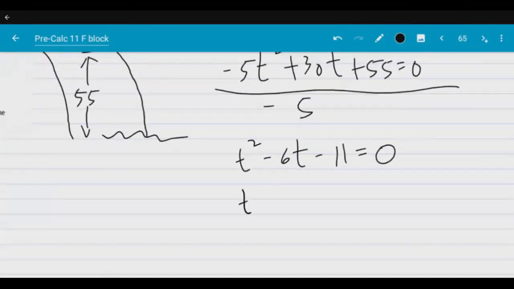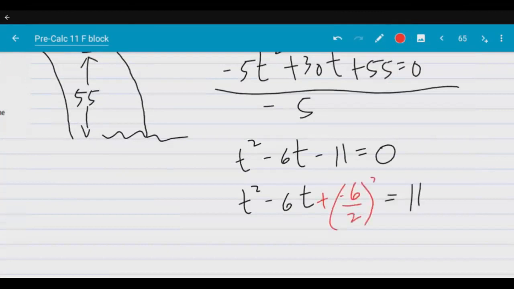And once again, to do the completing the square, we move the -11 to the other side, becomes positive. We complete the square by adding something here. The middle term is divided by 2 and then squared. And then we do the same to the other side.